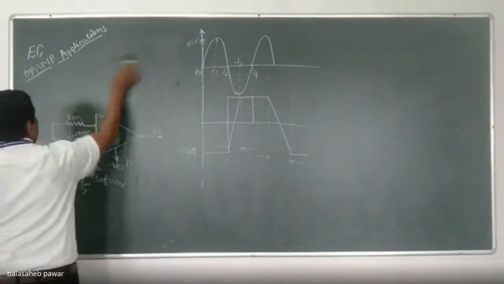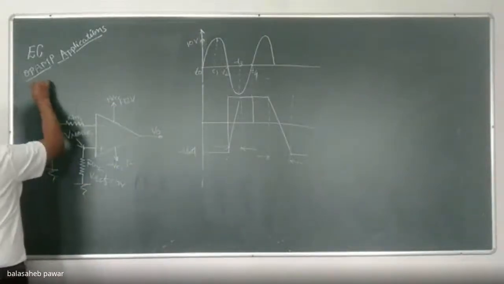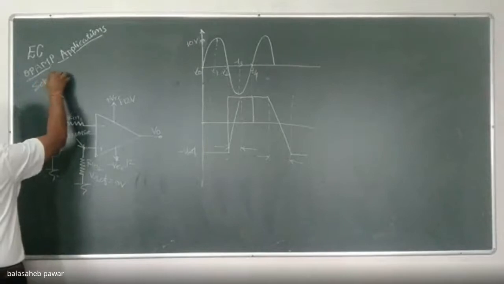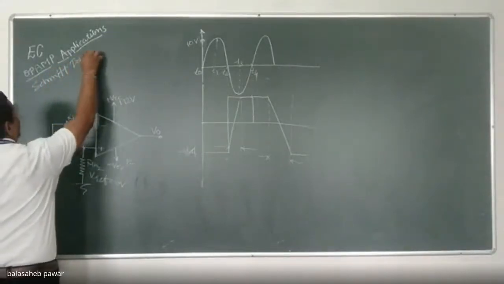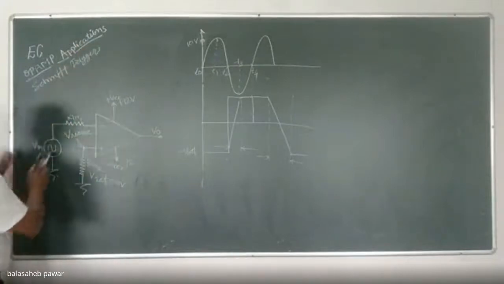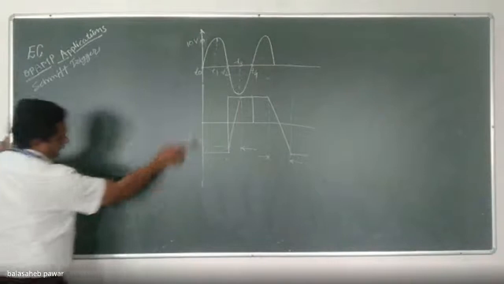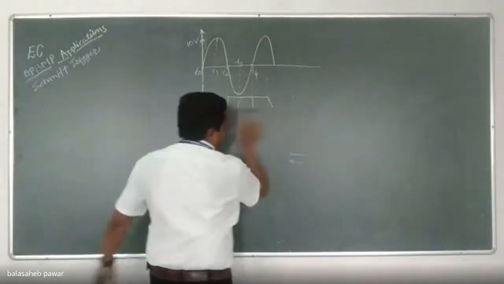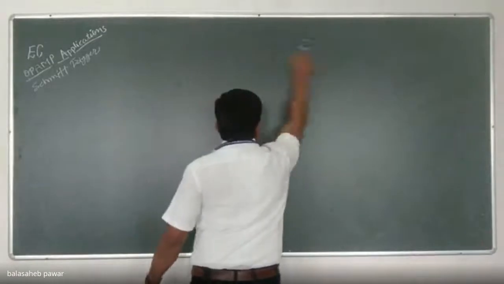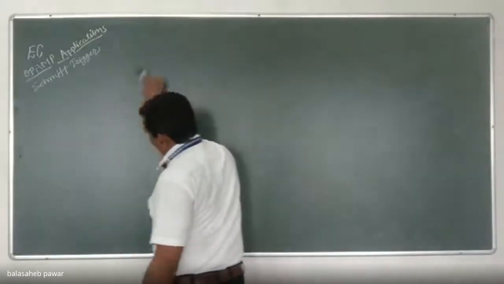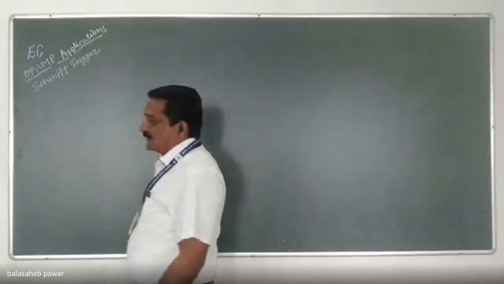So the next application of op-amp as a comparator is Schmitt trigger, in which a positive feedback is preferred to overcome the limitations of the zero crossing detector. In the zero crossing detector, there is no feedback, and the reference voltage is kept at zero potential.